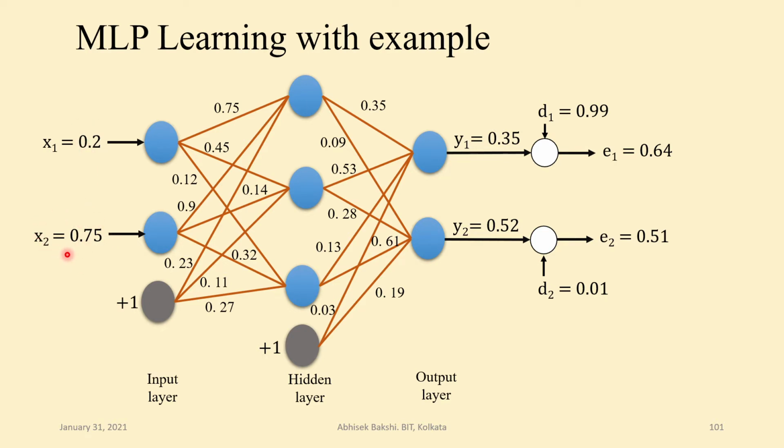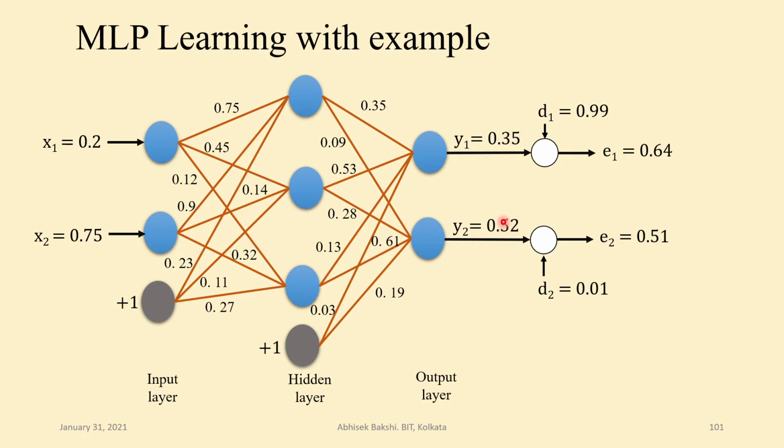If you put these features into these two neurons and continue through the different, arbitrary synaptic weights, you will get y1 equal to 0.35 and y2 equal to 0.52. So these are the outputs from the output layer.